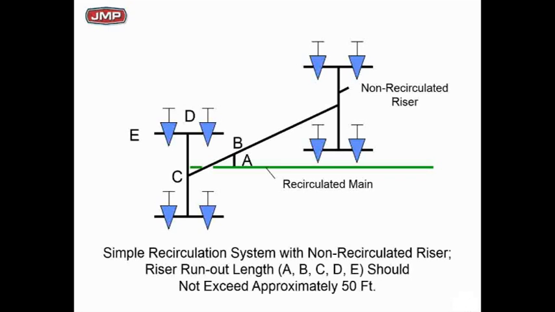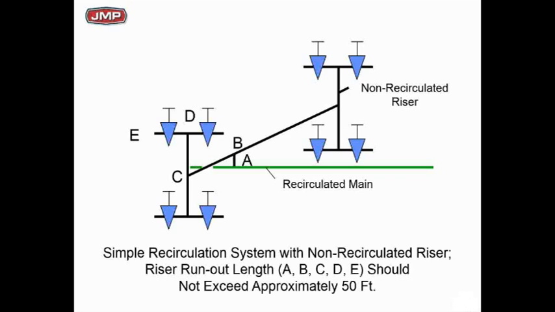Another thing you could do between A and E is wrap it in heat tracing tape to keep it hot all the time. But there are codes that say how close to the fixture you have to recirc the water to keep it warm. There are codes that say the runout from E to A is limited to so many feet. The old code in 2010 in most states, out of ICC, the International Plumbing Code, used 100 feet.